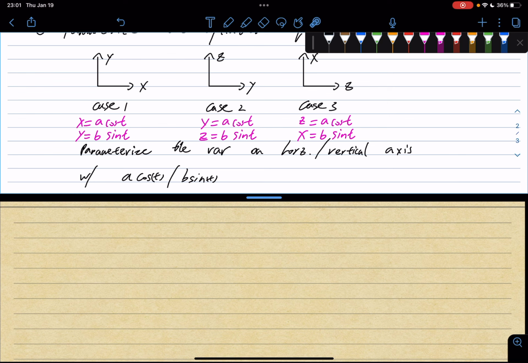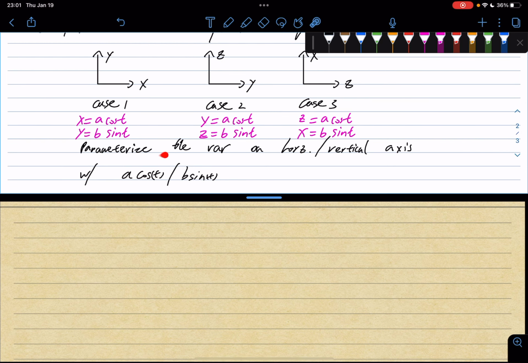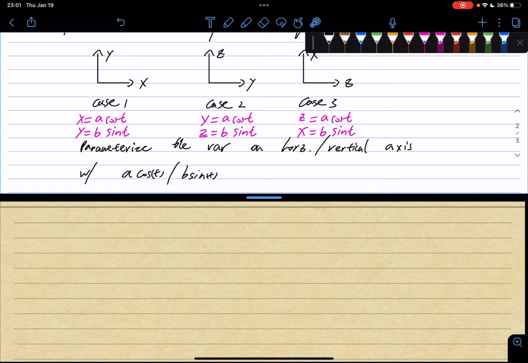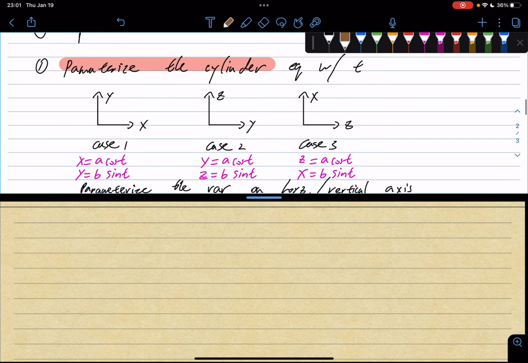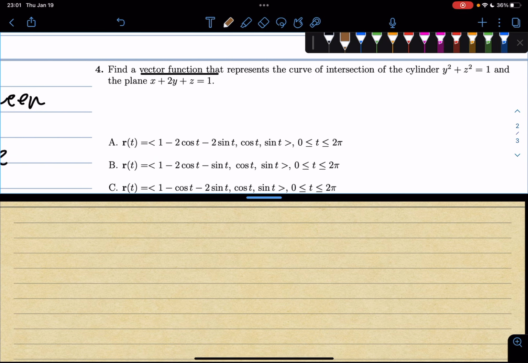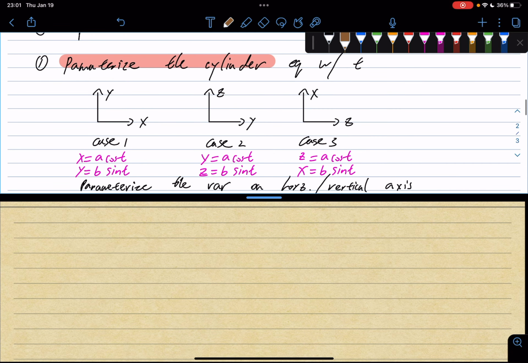As I said here, parameterize the variable on the horizontal or vertical axis with a cosine t or b sine t, as I just described here. So in this case, we are going to parameterize y squared plus z squared equals 1. So that's going to be our second option.